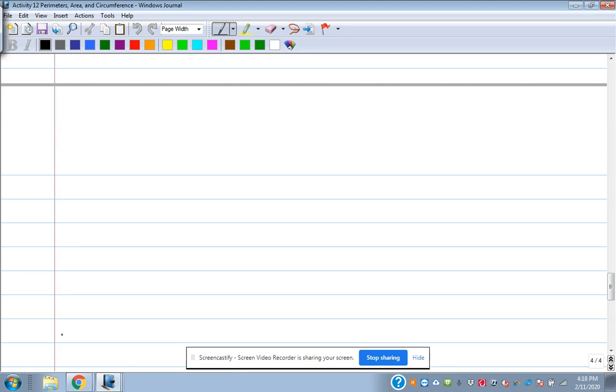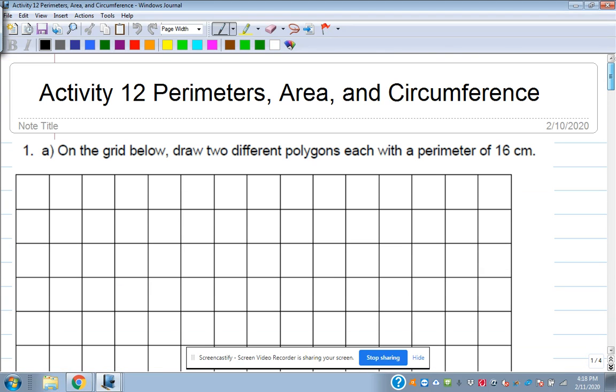Activity number 12. In the grid below, draw 2 different polygons, each with a perimeter of 16 centimeters. Each of those boxes on your paper is a 1 centimeter by 1 centimeter box, and they are precisely that if you measure them.